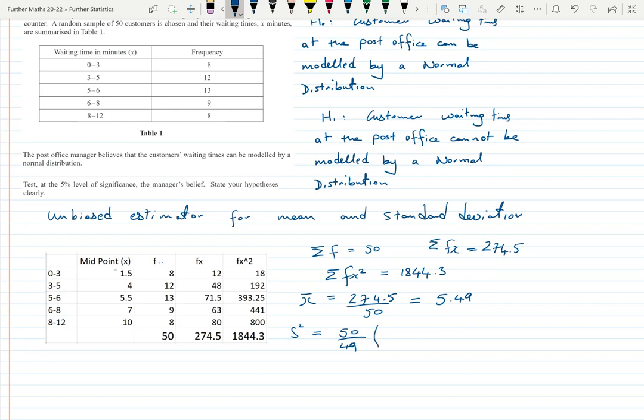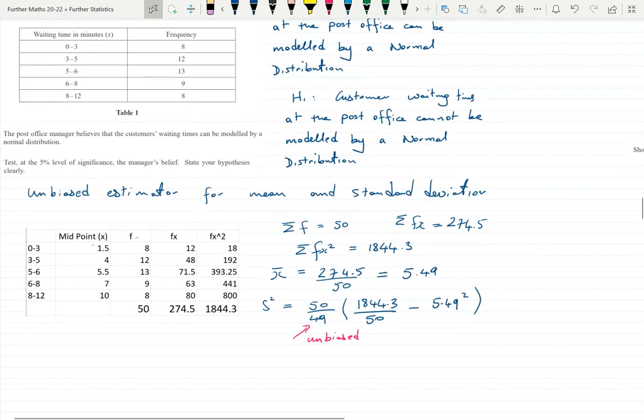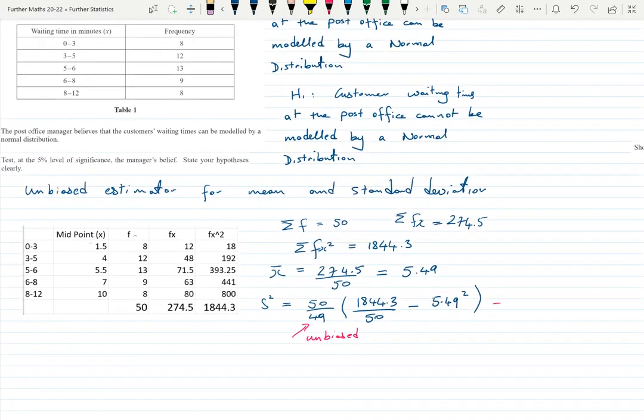That will be sigma fx squared, 1844.3 divided by 50, take away this number squared, 5.49 squared. But the main thing is it's got to be unbiased, and that involves dividing by 49 or scaling the thing by 50 over 49. So that comes to 6.88. Okay, so that's 6.88.